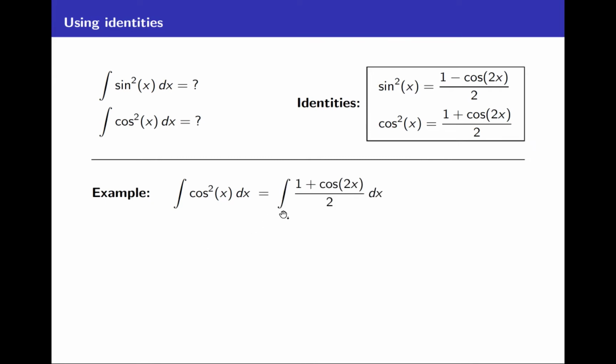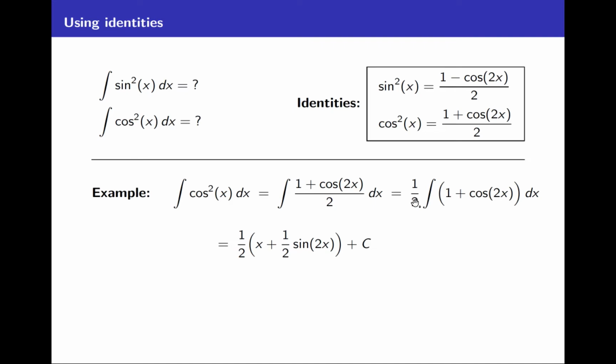So we get the integral of 1 plus cosine 2x over 2 dx, and let's factor out a 1/2, so we get 1/2 integral of 1 plus cosine 2x dx. And look at this. We can certainly take the integral of 1, it's x, and also we can do the integral of cosine 2x. You can do that with substitution or just do it in your head.